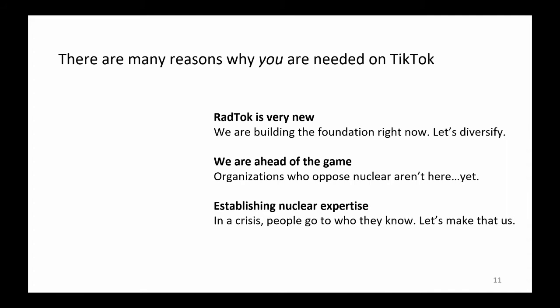You cannot just jump into the game when something like that happens, like a Fukushima level event, because they're just going to go to those that they default to already. If we are present on TikTok, that right there makes us present and one of those people that they know to go to for real, honest information about radiation.